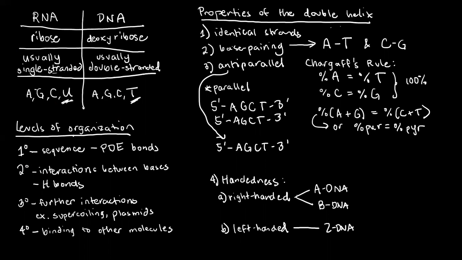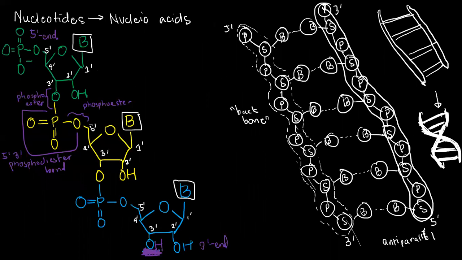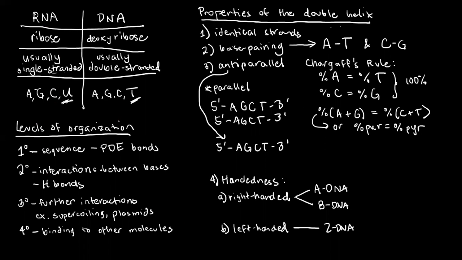And of course, just like what I discussed in the previous recording, the nucleotides are linked together by what we call the phosphodiester bond. So the only bond that matters in the primary level of organization for nucleic acids are the phosphodiester bonds. When we reach the secondary level of organization, there now start to be interactions between bases.